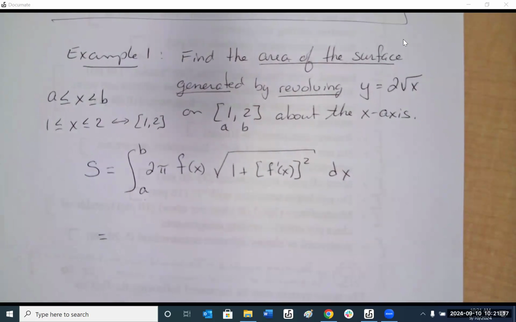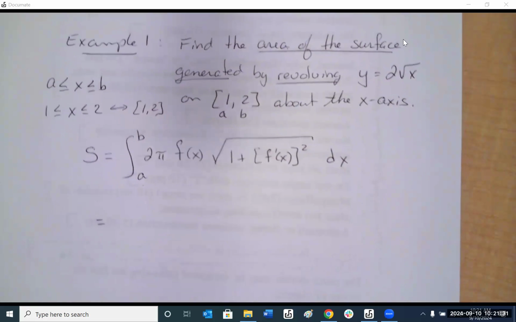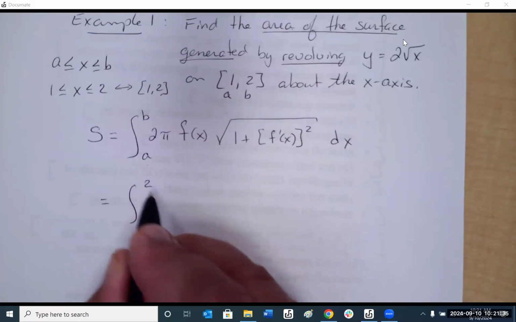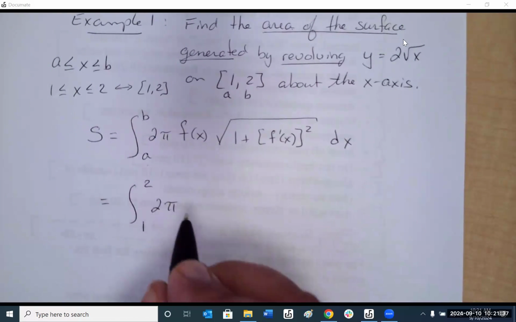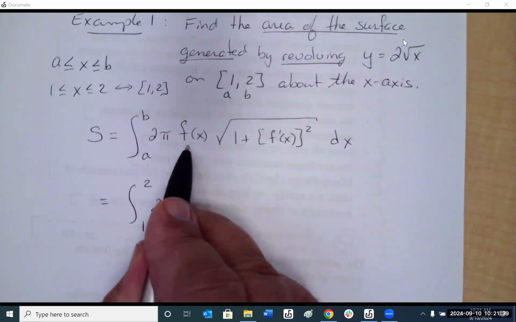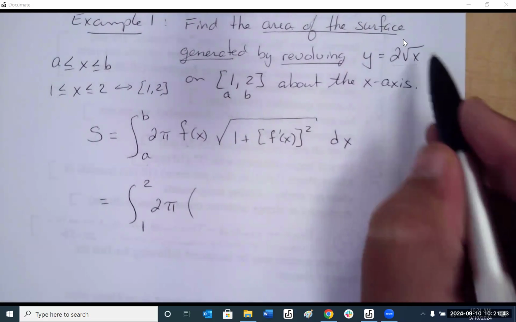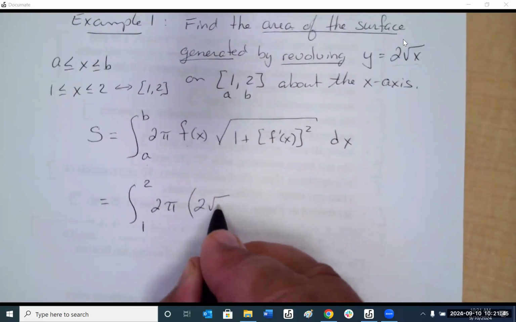They can be given to you both ways. Or it could be spread out, saying find the area of the surface generated by revolving it between x equals 1 and x equals 2. So it can be given to you many different ways. So we have 1 to 2, 2 pi. What's f of x? Our function, 2 square root of x.